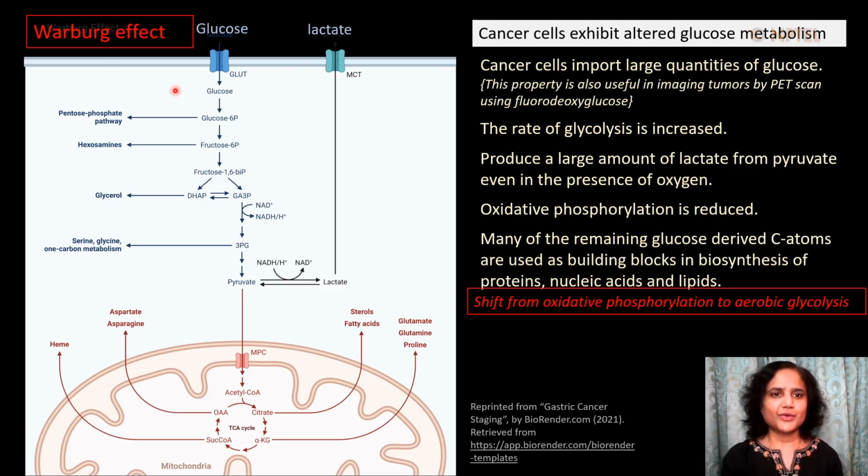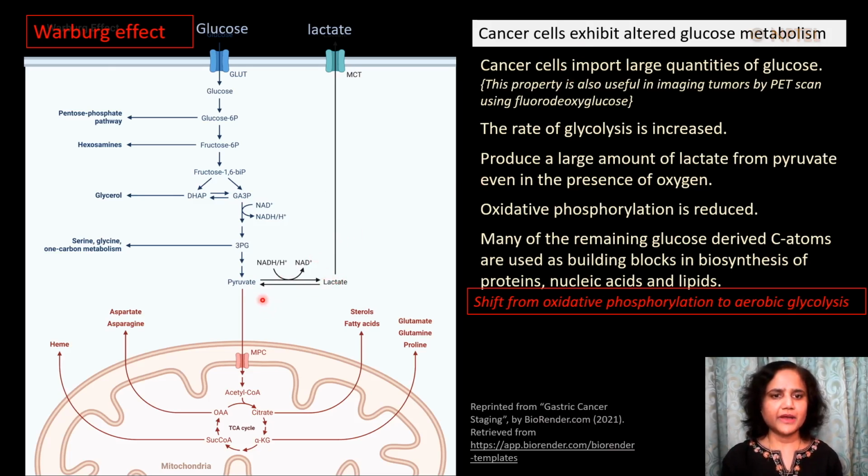So a lot of glucose is imported into the cancer cell, and also the rate of glycolysis is increased tremendously. And as a result of this, the cancer cells can produce a large amount of lactate from pyruvate, even in the presence of oxygen.